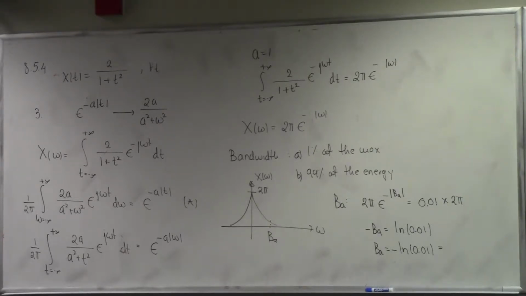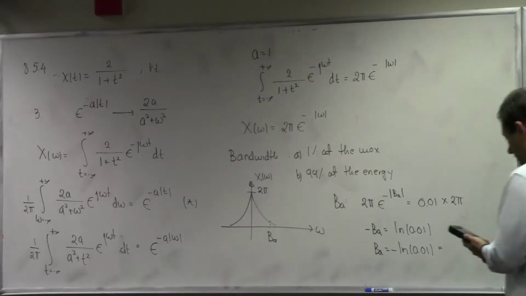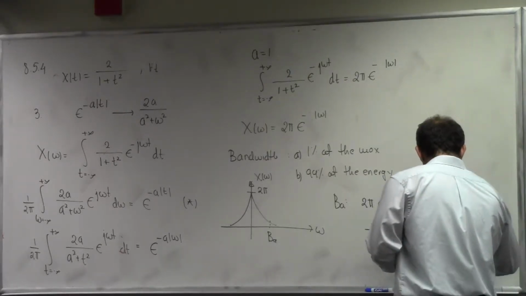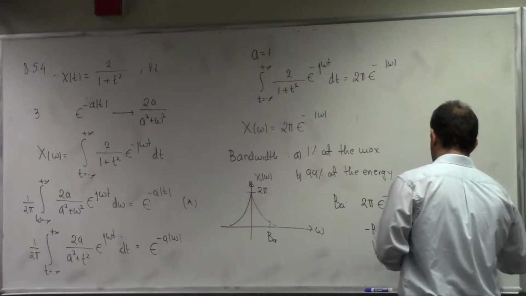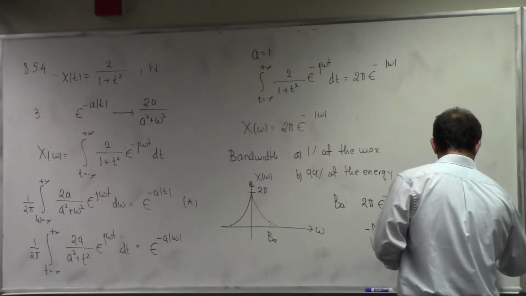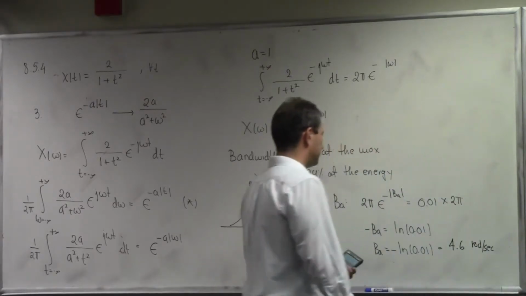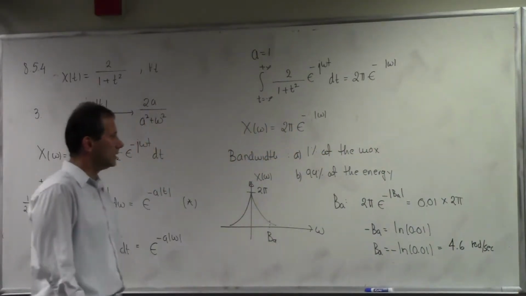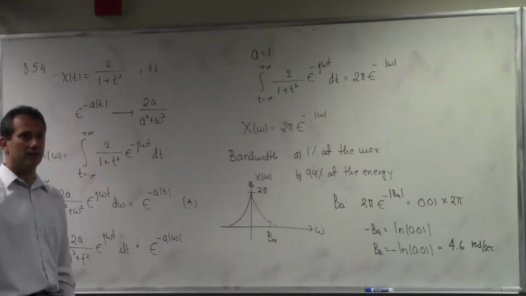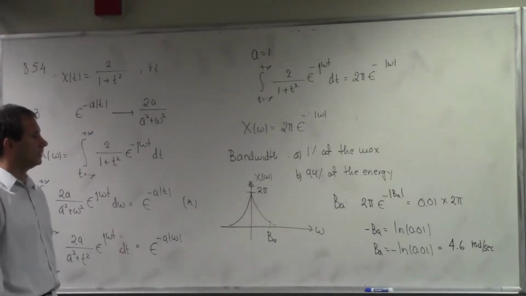So this is 4.6 radians per second, because I'm working in omega, otherwise I have to do everything by 2 pi. So that's the bandwidth, right?